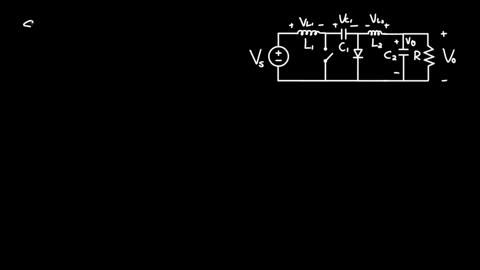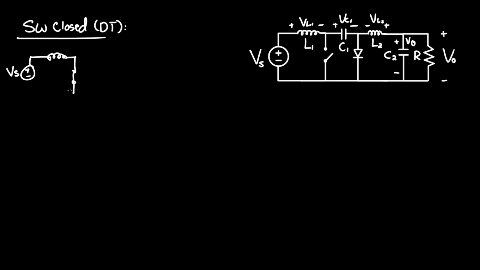Now for the circuit in which the switch is closed, again it's called DT. We'll redraw the circuit. We're going to short the switch.